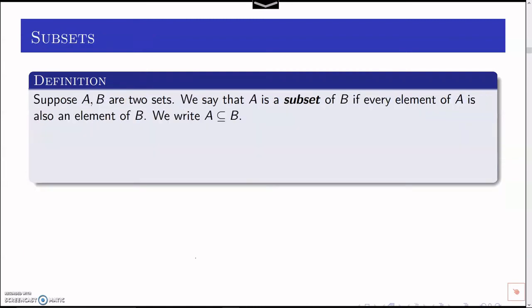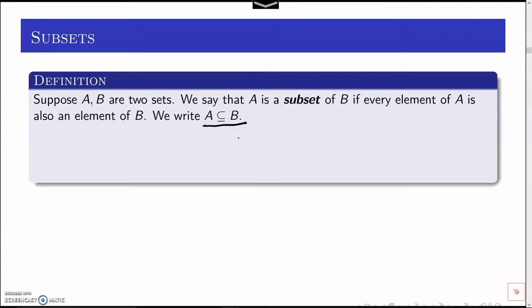Subsets. Suppose A and B are two sets. We say that A is a subset of B if every element of A is also an element of B, and it is denoted by this: A is a subset of B. So every element of A should be in B. Then only we say that A is a subset of B. So using quantifiers, how do we write this?